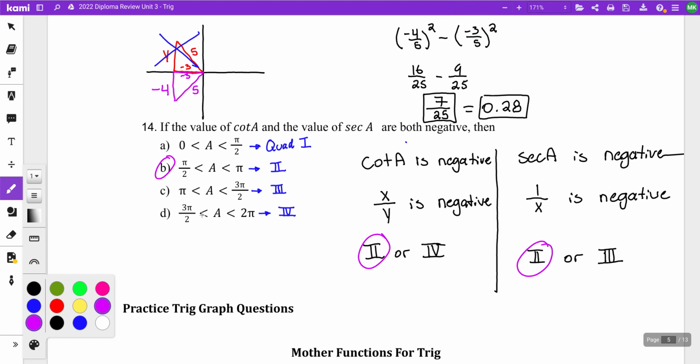Any questions on that? How I figured out something was negative or positive?